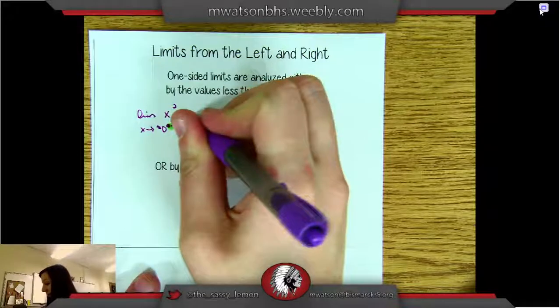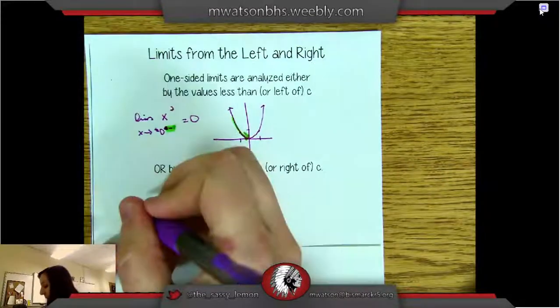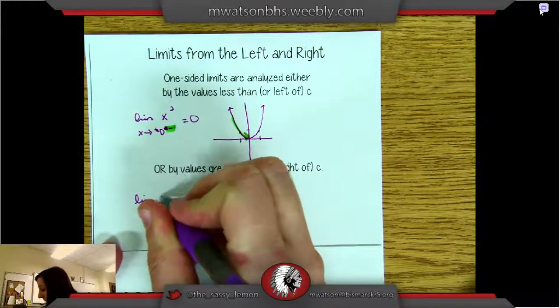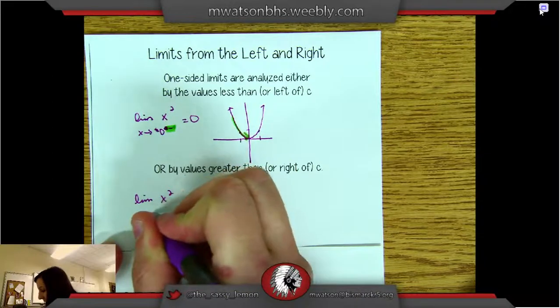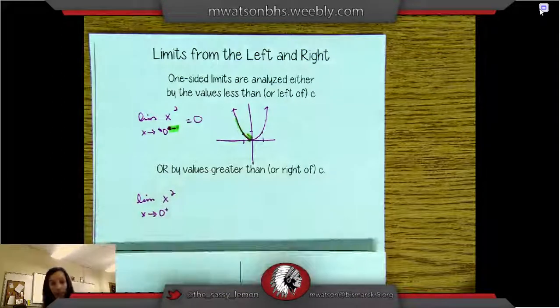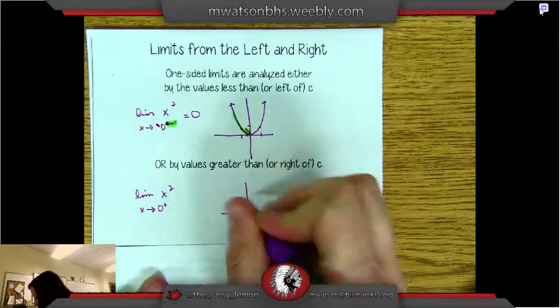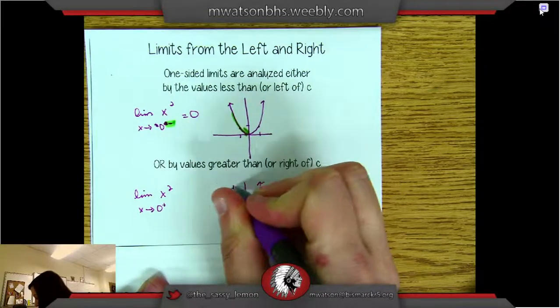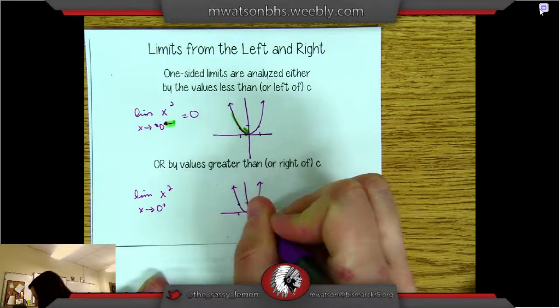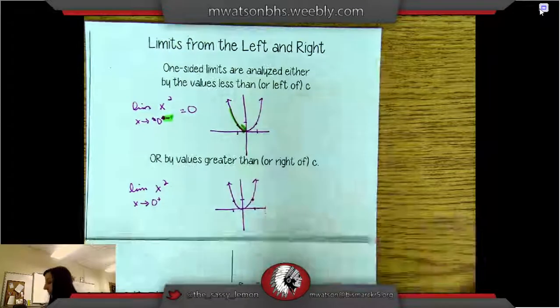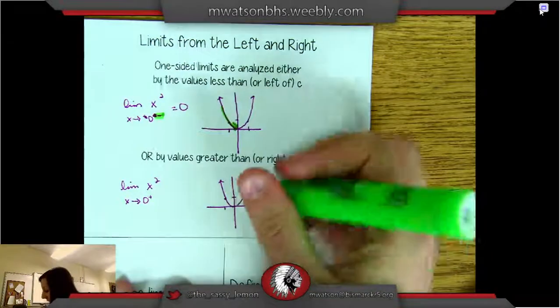And that's it. So let's take the same one, but let's do the limit of x squared as x approaches 0 from the right, hence the plus. Well, we're going to draw the same graph. But this time we're going to approach 0 from the right.